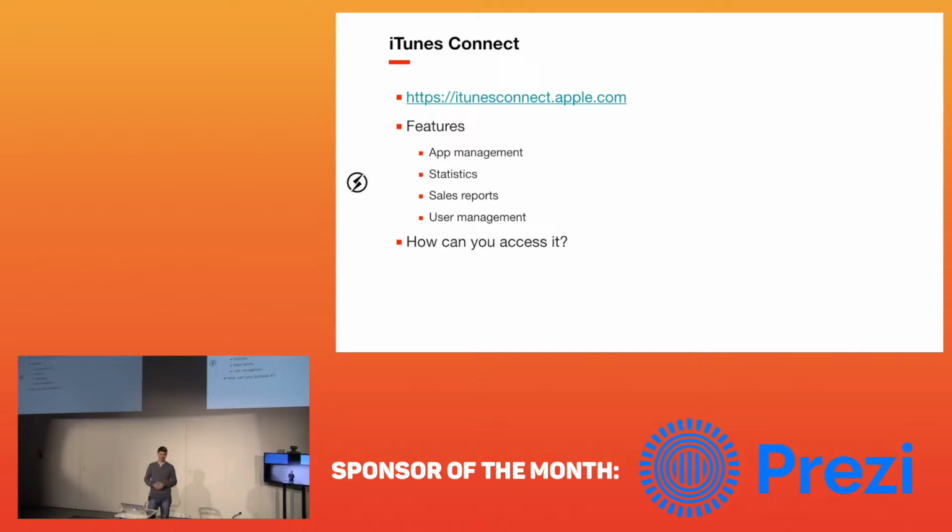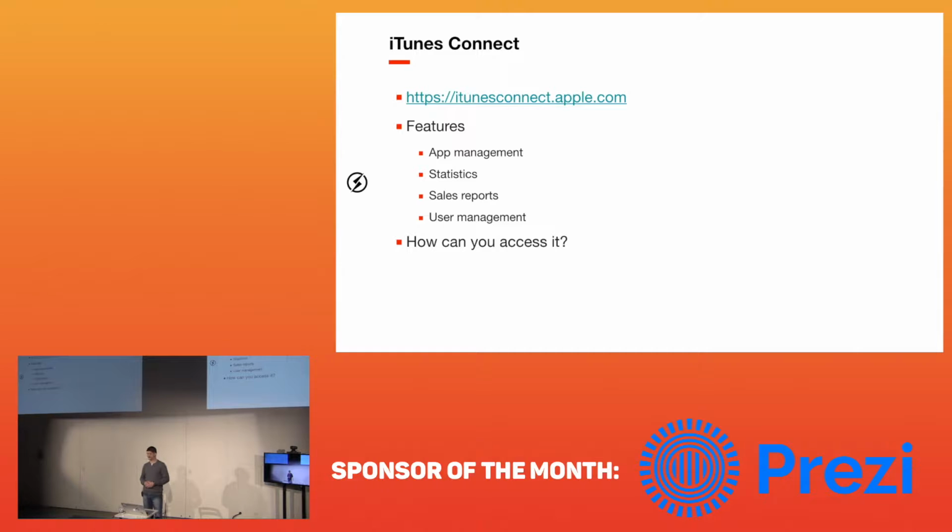Basically, there are three main roles for this website. So you can ask for the developer role, but this is the most basic one. With the developer role, you can upload the build to the iTunes Connect website, but I believe you are not able to change the title and description, and you cannot send the application to review.